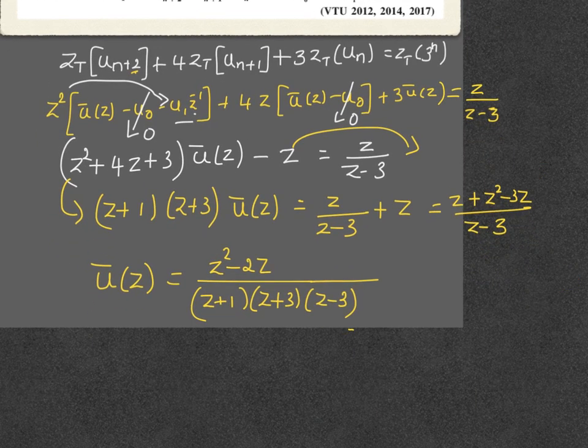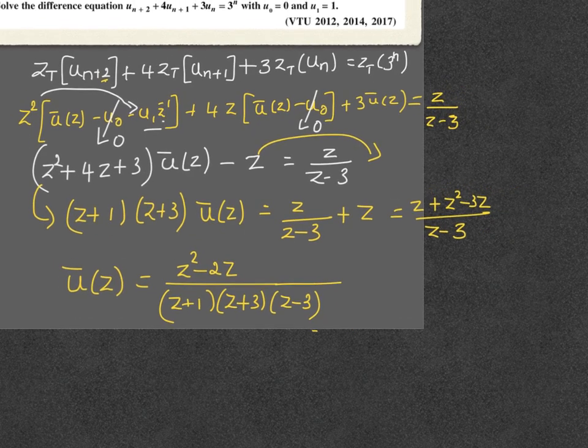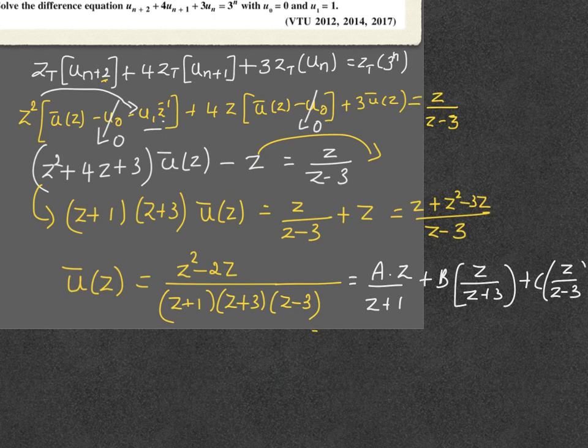Now u bar z as a function of z we obtain using the shifting property. Now this should be resolved into partial fractions as you learnt previously. This is A by z plus 1, and z we have to take, B z by z plus 3, plus C z by z minus 3. So taking the corresponding term in the numerator, we consider the partial fraction.